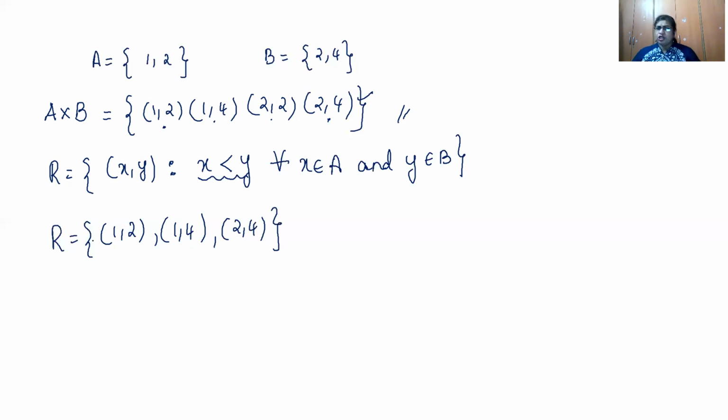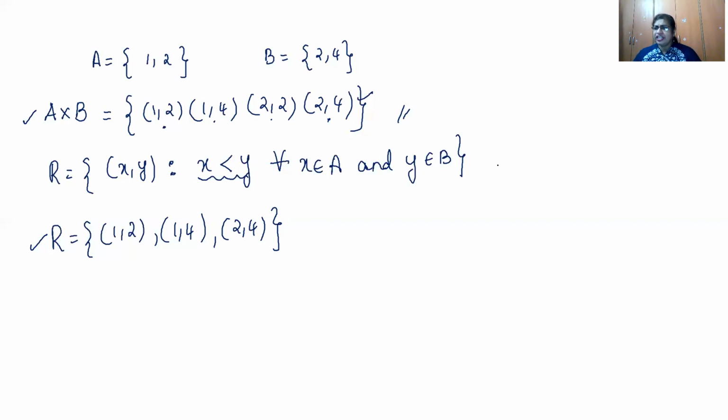Now look at R and look at A cross B. What thought comes to your mind, which you have already learned in the previous chapter, set theory? (1, 2) is there, (1, 4) is there, (2, 4) also is there. Are you getting a thought of the word subset?